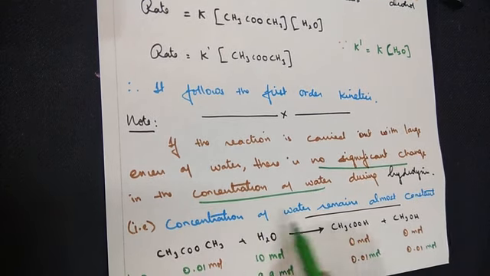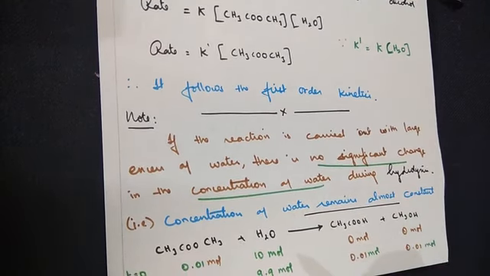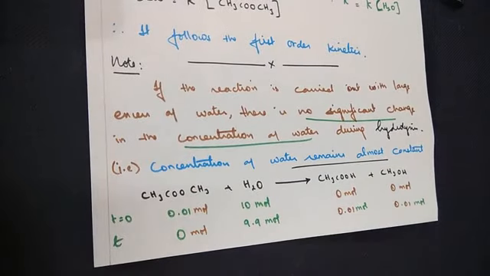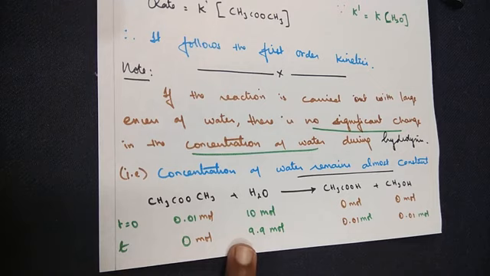That is, the concentration of water remains almost constant. You may not understand what I have read right now, but let me give you a practical example. This example is taken from the NCERT book.